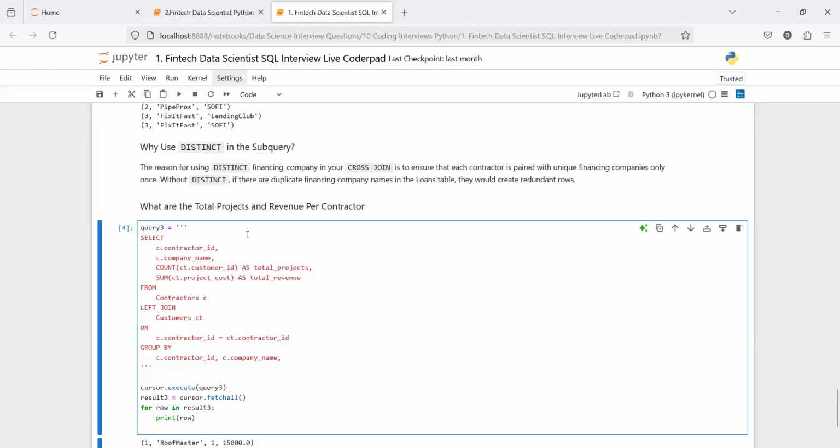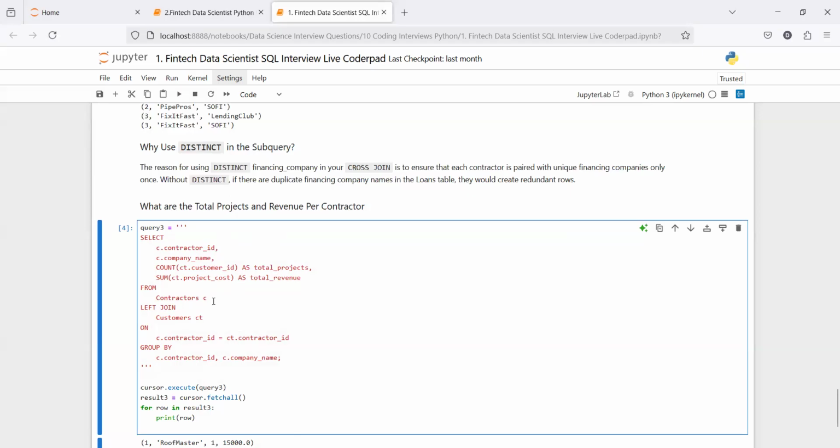Okay. And then we know that total projects, it's obviously some type of aggregation, right? Total projects and revenue. Okay. So we would aggregate by company name, by the company, right? And they're asking total projects. So count customer ID as total projects, because obviously the customer is the consumer of the service, and that's basically counted as a project, right? And then you would sum the project cost as total revenue. Okay.